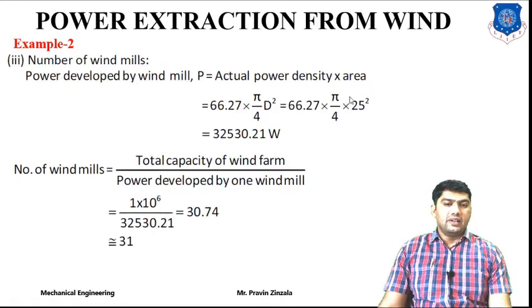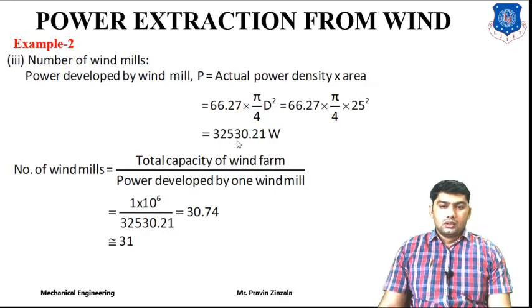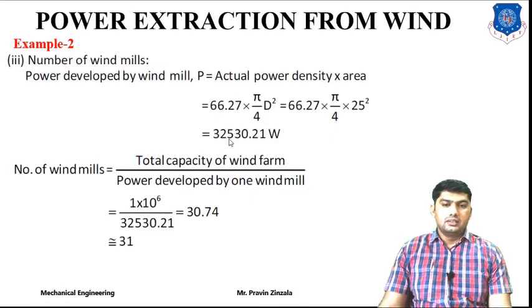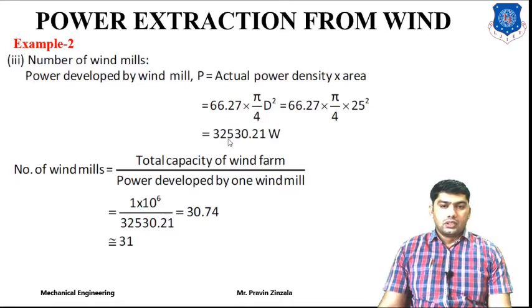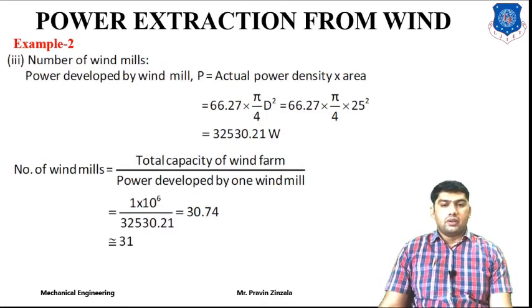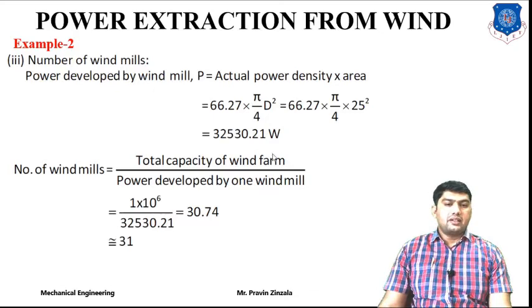So inserting the value of diameter, we will get the power developed by windmill equal to 32,530.21 watt. It is near to 32 kilowatt power, or 32.5 kilowatt power. It means it is generating power near to 32 kilowatt.